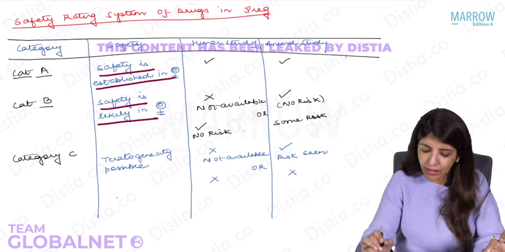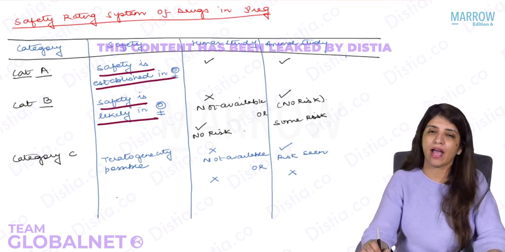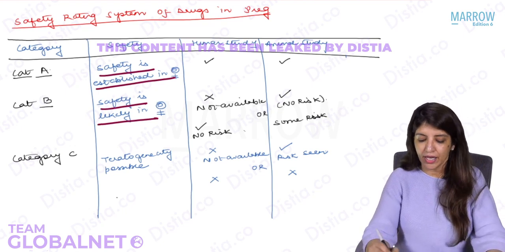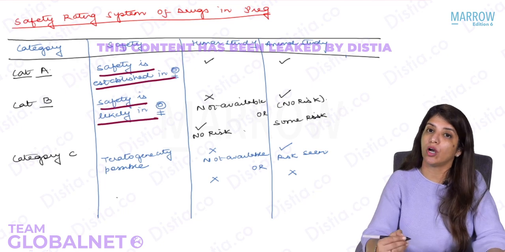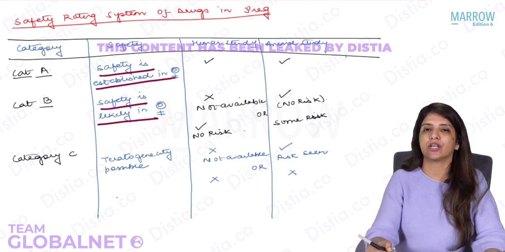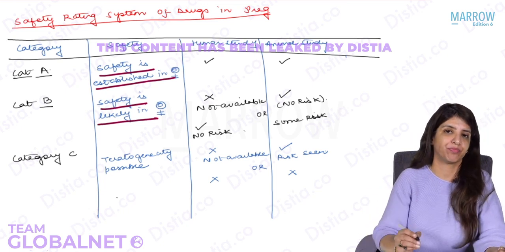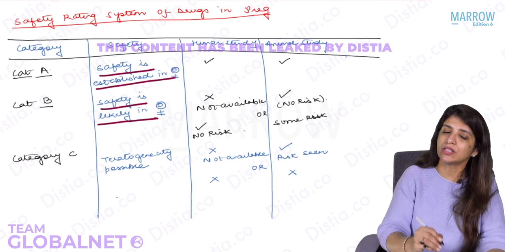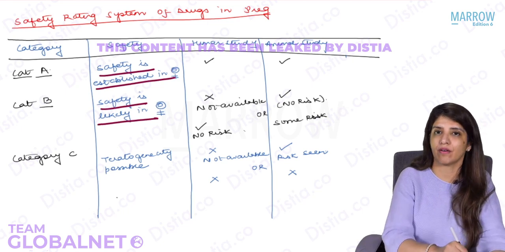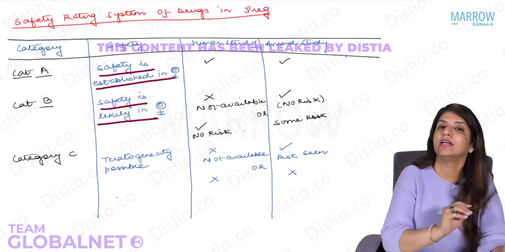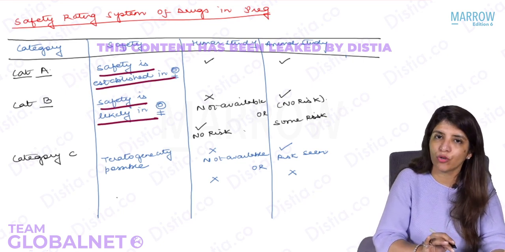If animal studies were showing that some risk is there and human studies were showing no risk, you were putting it in category B. Right? If human studies were not available and animal studies were saying some risk is there, then you were putting it in category C. Now you have human studies which are showing some risk is there, plus or minus animal studies. Right? You are going to put it in category D. Is that clear to all of you?